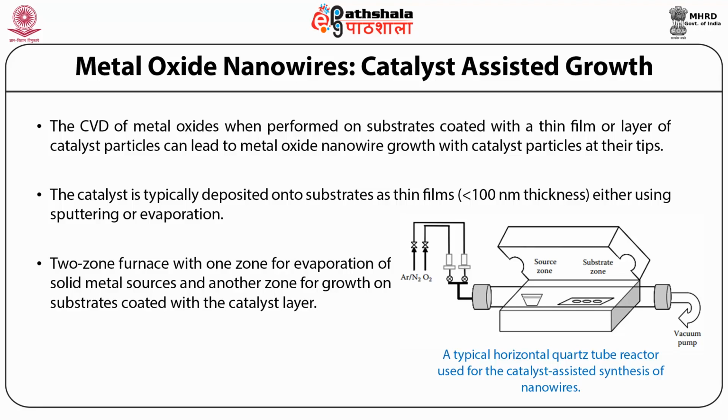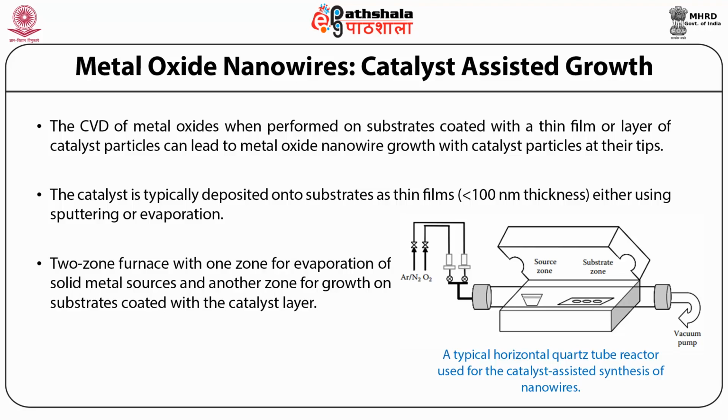This setup includes a horizontal tube heated with a two-zone furnace with one zone for evaporation of solid metal sources and another zone for growth on substrate coated with catalyst layer.